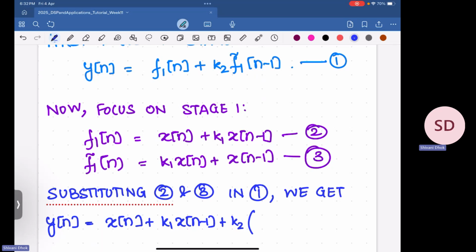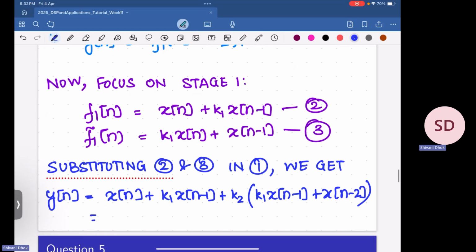So for n minus 1, we need to replace all the n's here by n minus 1. So what we get? We get k1 x of n minus 1 plus x of n minus 1 minus 1, that is x of n minus 2.